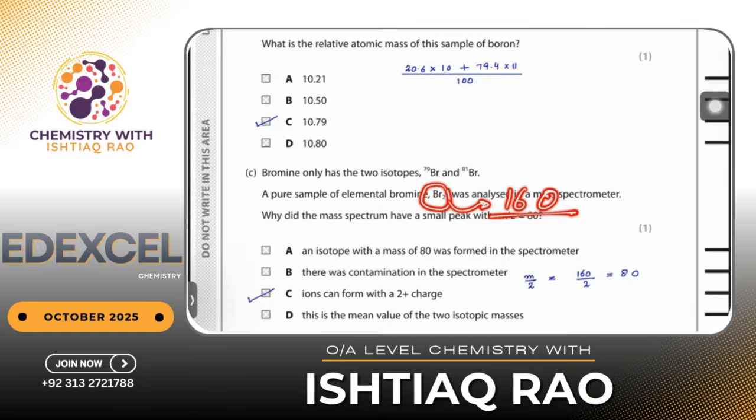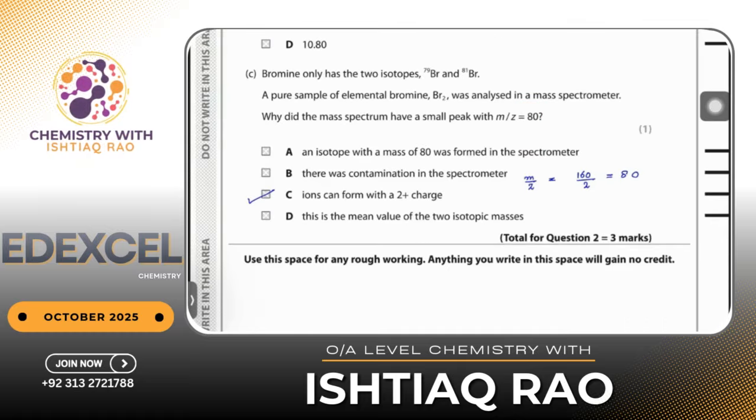So 160 divided by 1 is 160, isn't it? What is one? It's the charge of bromine. And where it comes from, of course, when bromine enters a mass spectrometer, an outer electron is removed. So that's why Br plus is formed. But they are saying 80. 80 means that when bromine would be having a plus 2 charge, 160 by 2 would be giving you 80. So that's why C is correct.